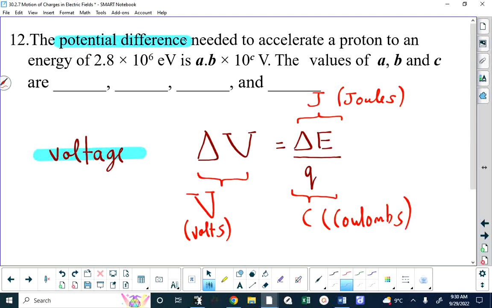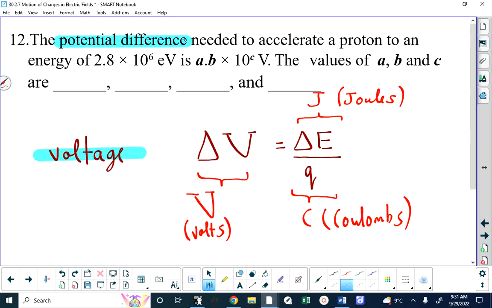Now, if I'm asked to determine the voltage, then I need to put in the energy and the charge. Well, it's a proton. I know the charge of a proton. You're told you're going to get a kinetic energy of 2.8 times 10 to the 6 electron volts. That's energy.